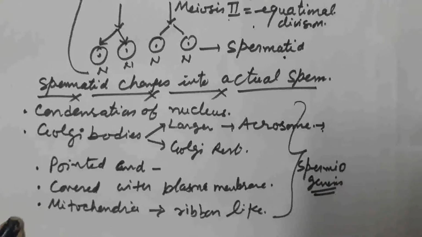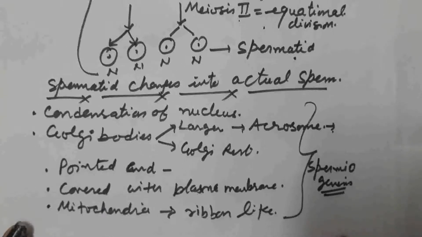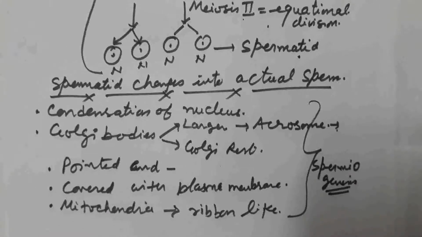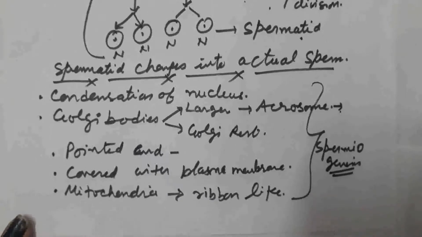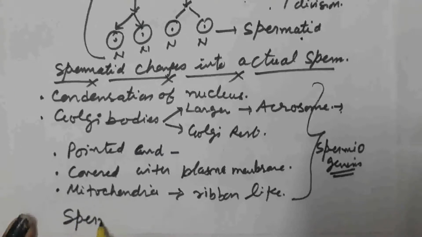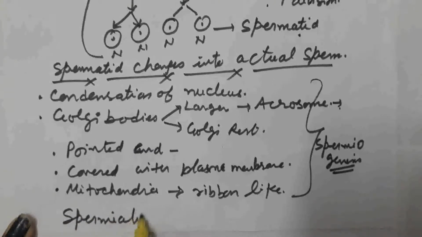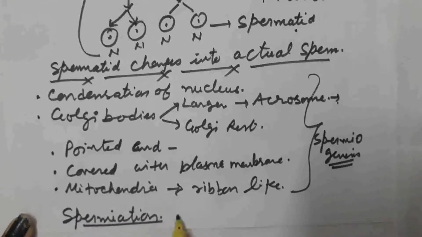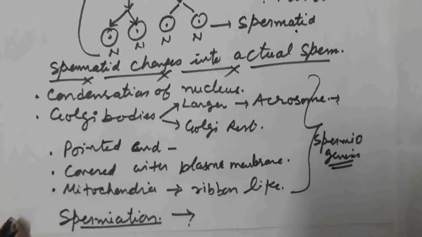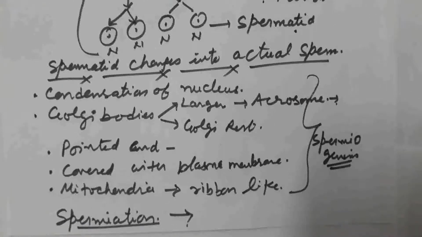One more thing I am going to discuss here is spermiation. What is spermiation? We know in the germinal epithelium of the seminiferous tubules, two types of cells are present, germ cells and Sertoli cells.